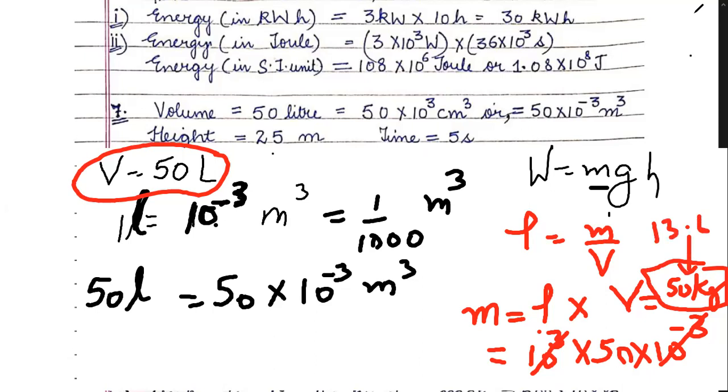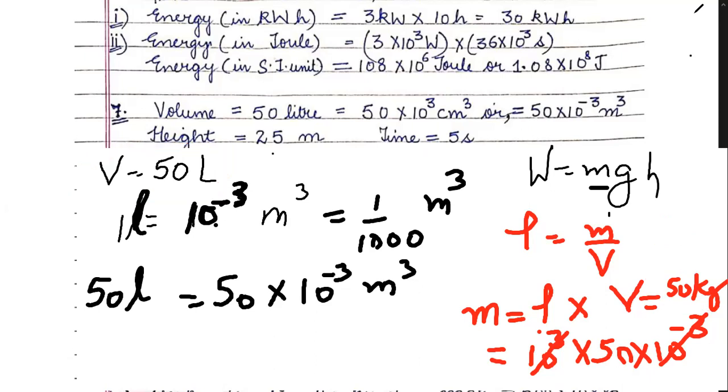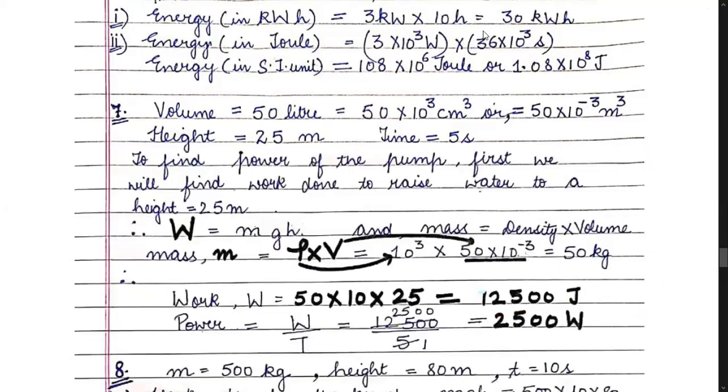So don't directly write down liter into kg. You have to show this entire conversion. That is liter into meter cube and then use the formula of density, mass and volume and find the mass from it. So that is what I have done in the PDF also, and I have bolded it so that you can understand how the things are going on.